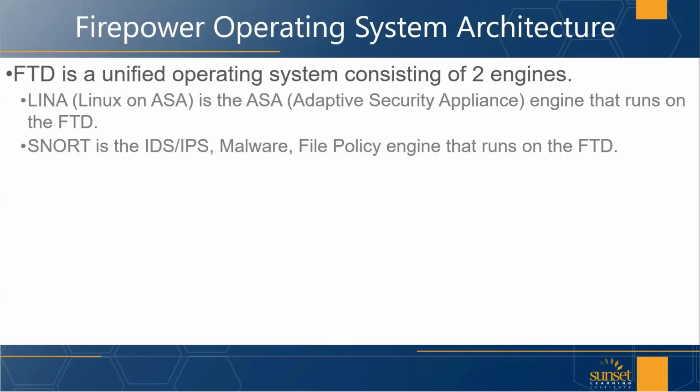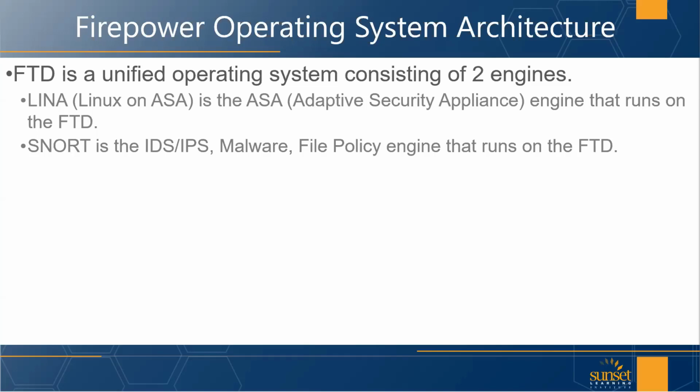That is basically your ASA commands that have been ported over to a Linux box. Okay. And then that engine runs on the FTD. That is handling things such as my clustering, my high availability, my VPN, my routing, all the functions you would have in the ASA. When I say VPN, I mean as my VPN concentrator or terminator. Okay. Also, the Lina plane is my first point of inspection for traffic that comes in. We're going to show you that in a second.